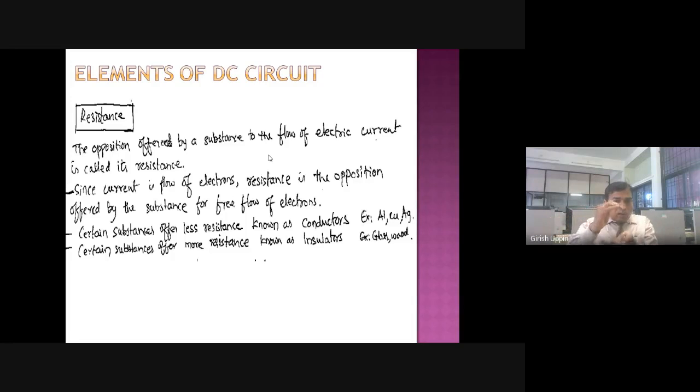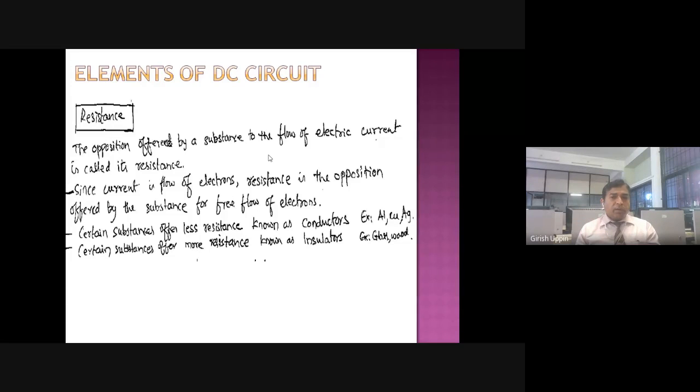When the area of the cross section is very small, all the electrons are squeezed into a smaller space, the chances of collisions are high, and the resistance will increase. That is correct. And for the substance, it is the property of the material. Because of its property, it will offer either high resistance or less resistance.